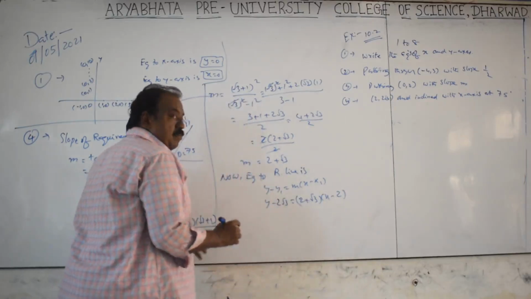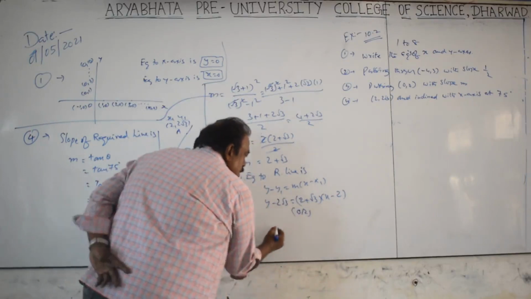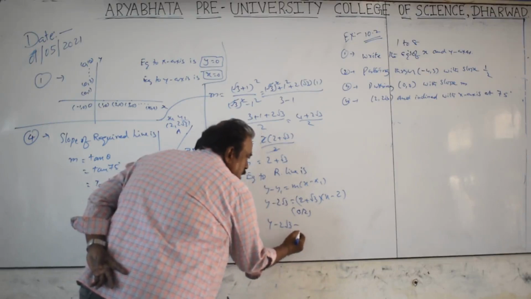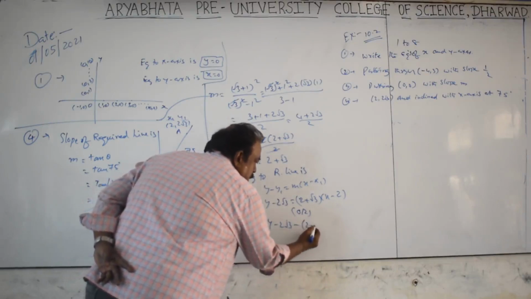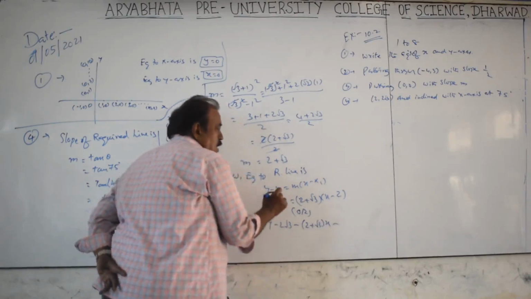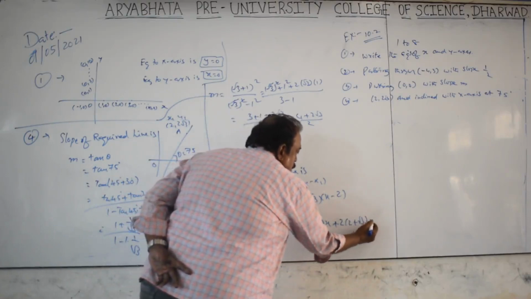Better to stop there only, or otherwise it is y minus 2 root 3, minus of (2 plus root 3) x, plus 2 of (2 plus root 3), is equal to 0.